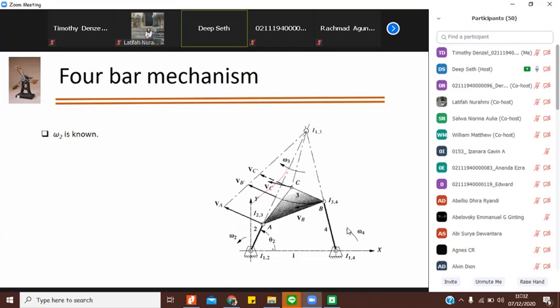Okay, so let's say you know that it is moved by angle theta 2, and you know omega 2 from there. Okay, so omega 2 is known. So the magnitude of the velocity of point A can be computed. So you can compute it very easily. Because you know omega 2, so omega 2 into O2A.